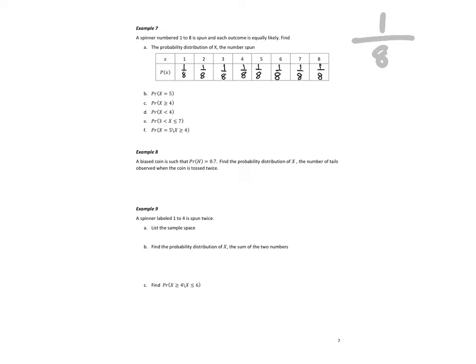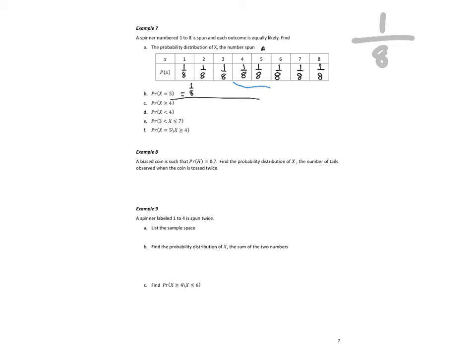Okay, and then we can use my distribution table to try and answer some probabilities. What's the probability that x is equal to 5? Well, there's 5 there, 1/8. What's the probability that x is greater than or equal to 4?